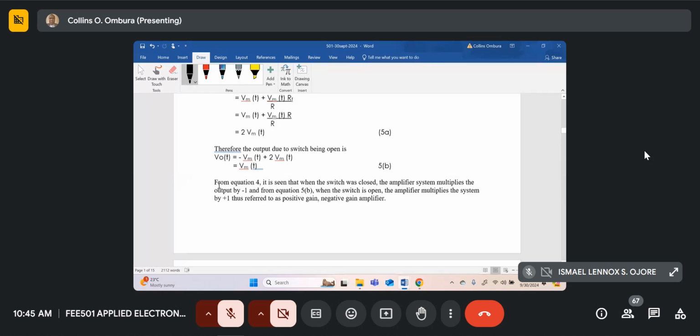As you can see here, I was saying that from equation 4, for this case over here, it is seen that when the switch is closed, the amplifier multiplies the input by -1. In fact, this typing error here, multiplies should be the input.